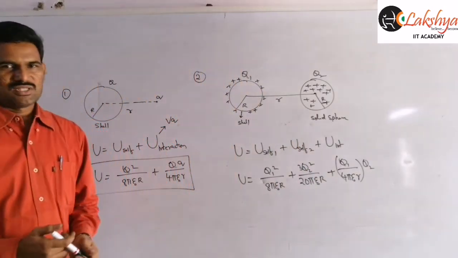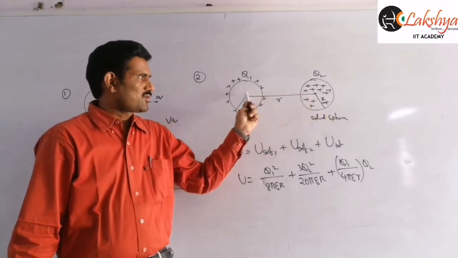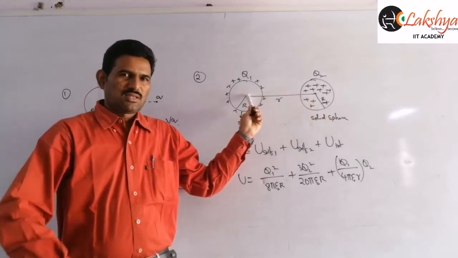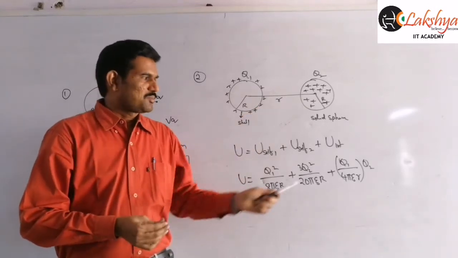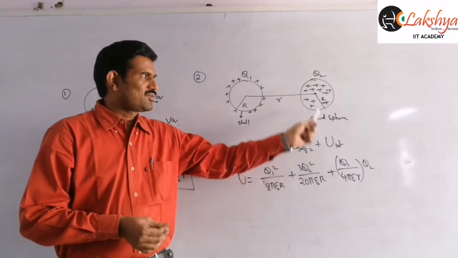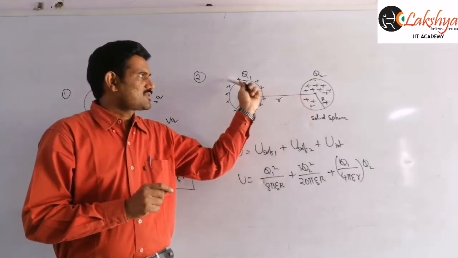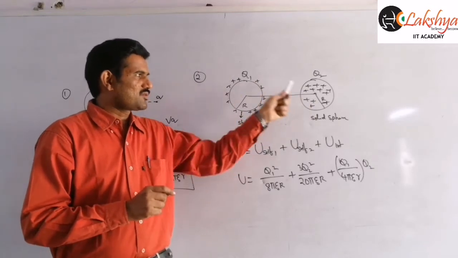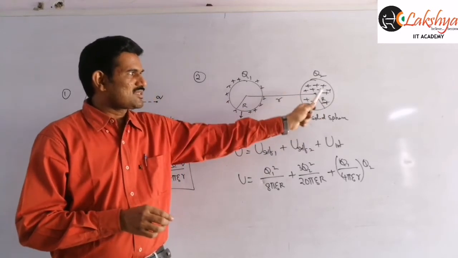Or you can take the reverse assumption also. That means this solid sphere is producing a potential at its center, and then this shell is present in that potential. While discussing this, we need to write the potential at the center only. Here we are taking that this shell is producing some potential at its center, and then you can assume that the total charge is lying in that potential.